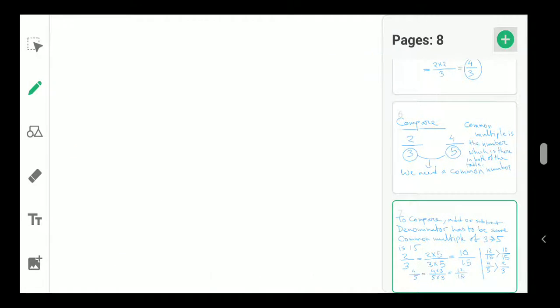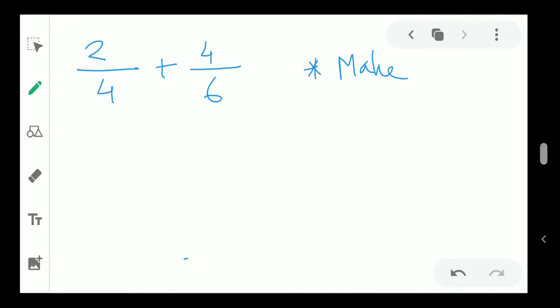Now if you have addition, let's say I have to add 2 by 3 plus 4 by 5, or let me take some different numbers, otherwise it will be boring. So let's say this is 4 and this is 6. Now the same thing I can do here. First you make the denominator the same, so I need a common number.